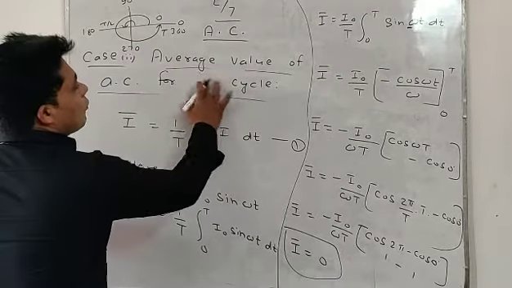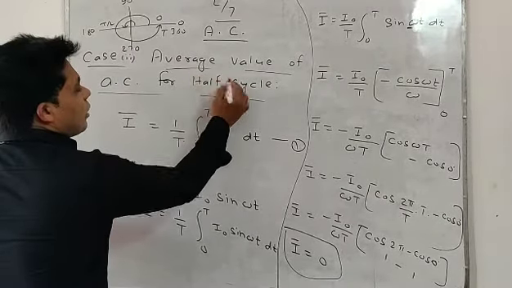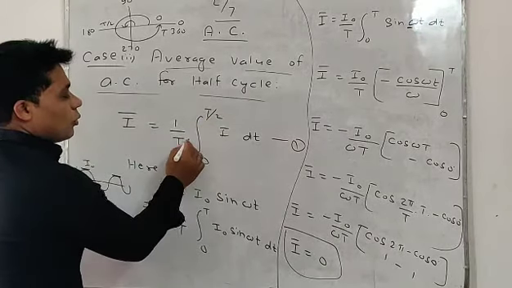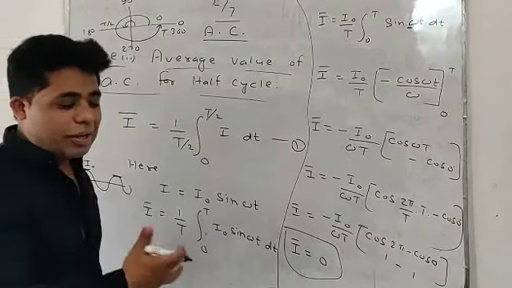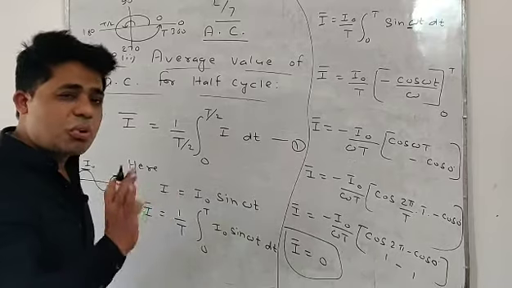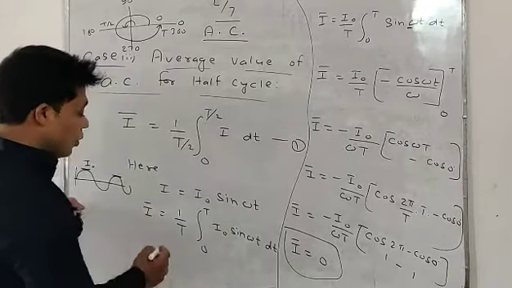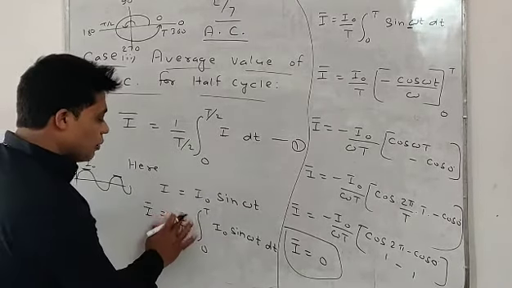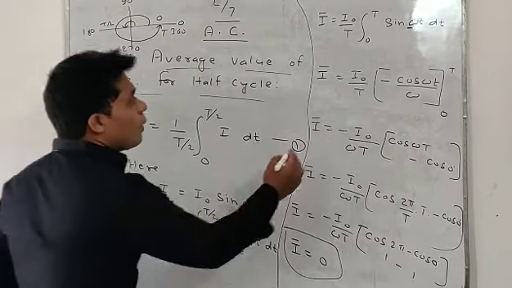For the half cycle, we take the limit T by 2. For finding the half cycle, we will make one change: only instead of T we will write T by 2. Here also 2 comes in multiplication, and that is T by 2.